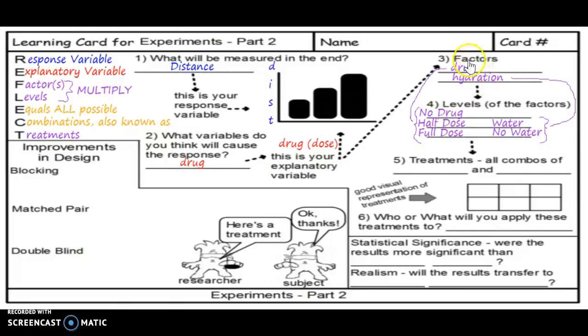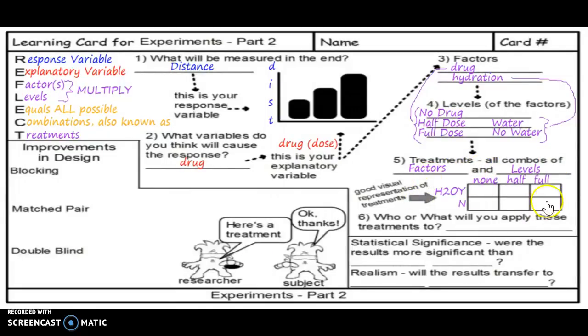If we look over here, what we have is a factor of drug and hydration, and then I look at these levels. Really what I'm doing is taking these 3 levels and multiplying times these 2 levels, which gives me 6 treatments altogether. So really what I have for the treatments is all combinations of factors and levels.